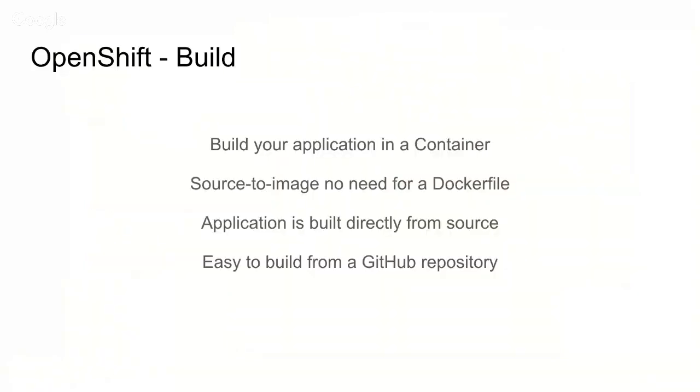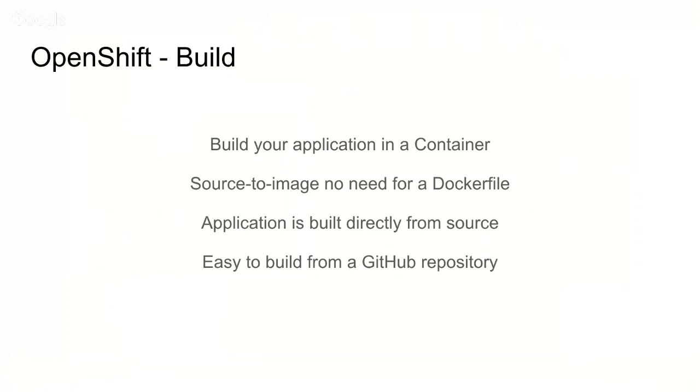One of the things that OpenShift has is the ability to build applications. It's using the Source to Image project. What it does is that you can build containers directly from source, from a Git repository, and you don't need to write any Dockerfile. That's very interesting if you want to do continuous deployment.